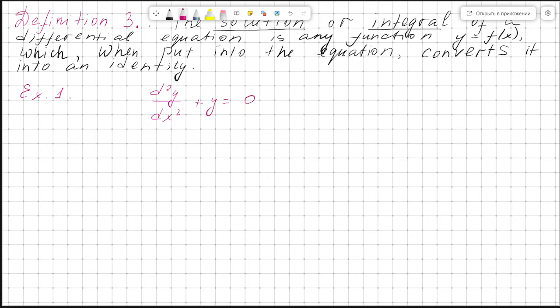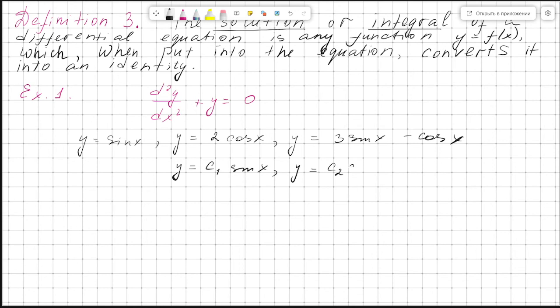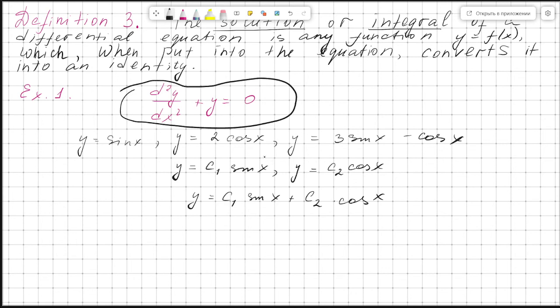The functions y is sine of x, y is 2 cosine of x, y is 3 sine of x minus cosine of x, and in general functions of the form y is c first times sine of x, y is c second times cosine of x, or y is c first times sine of x plus c second times cosine of x, are solutions of the given equation for any choice of constants c first and c second.